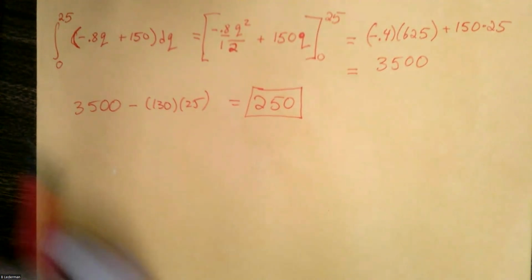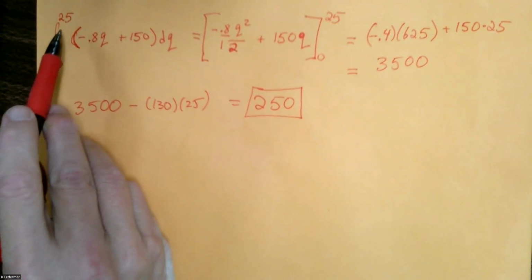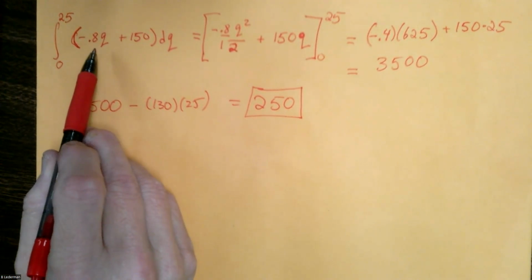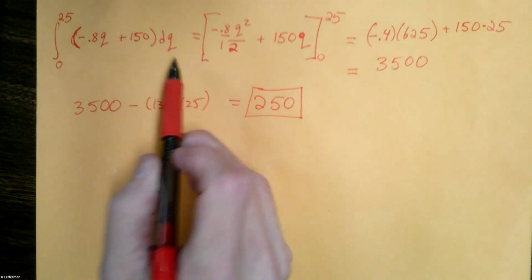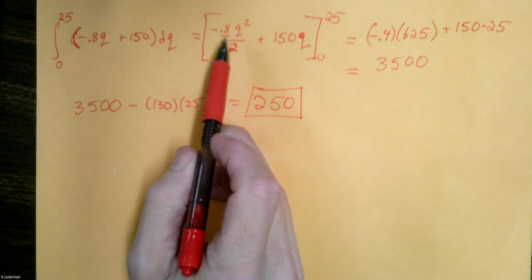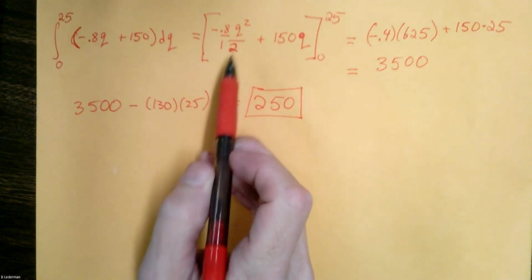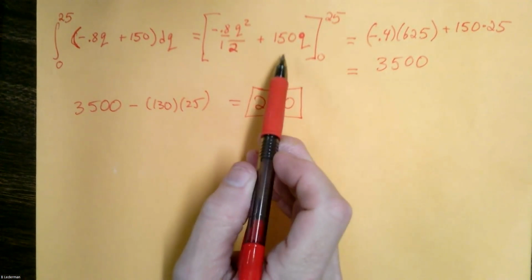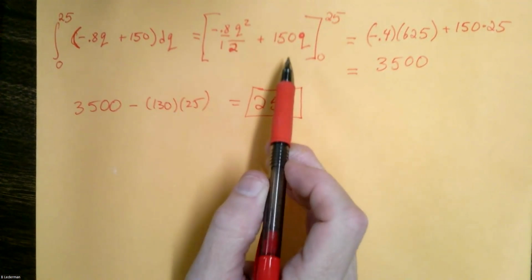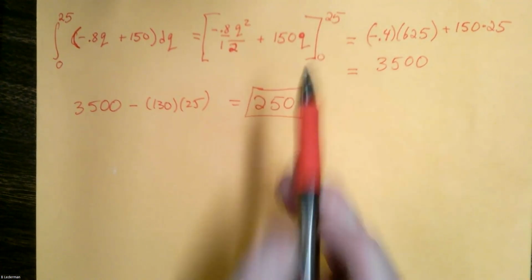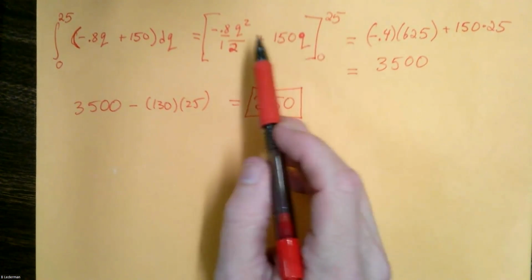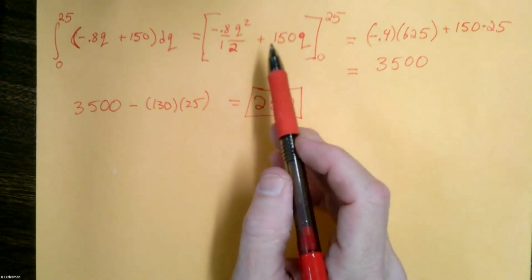The way we get that first integral is that the integral from 0 to 25 of negative 0.8 Q plus 150 dq, if I integrate this, I get negative 0.8 over 1 times Q squared over 2, that's how I'm writing it, plus 150 Q, evaluated between 0 and 25. Now I love zeros because there's nothing to do. So this whole thing is just going to zero out.